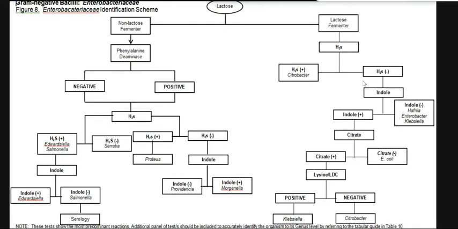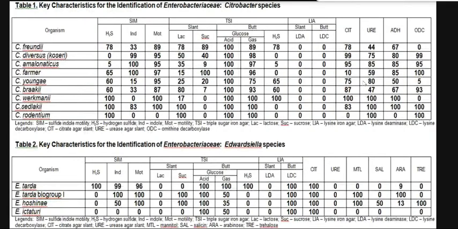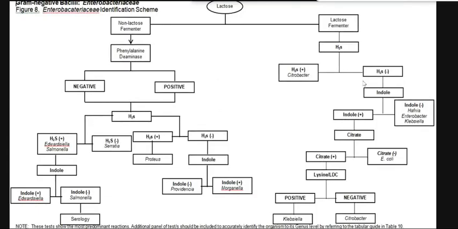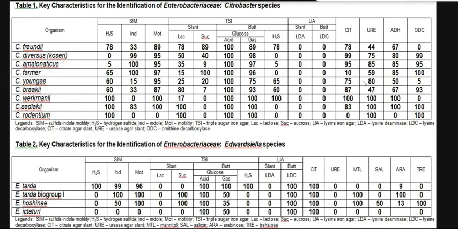This is useful to just go with the genus of your specific microorganism. If you have already zeroed in on the genus, then you could go to the different tables for your different organisms. So going back to lactose fermenter, H2S positive, Citrobacter, then go to table 1.